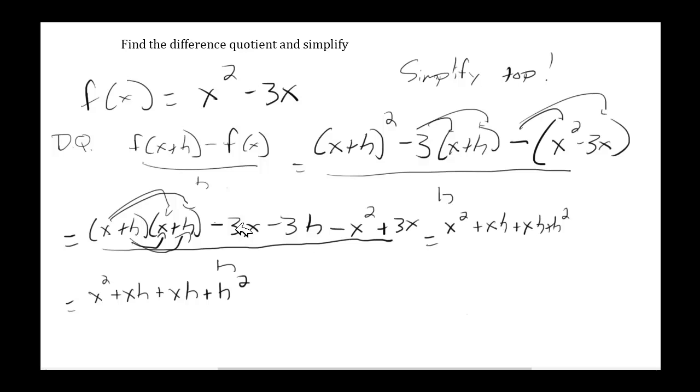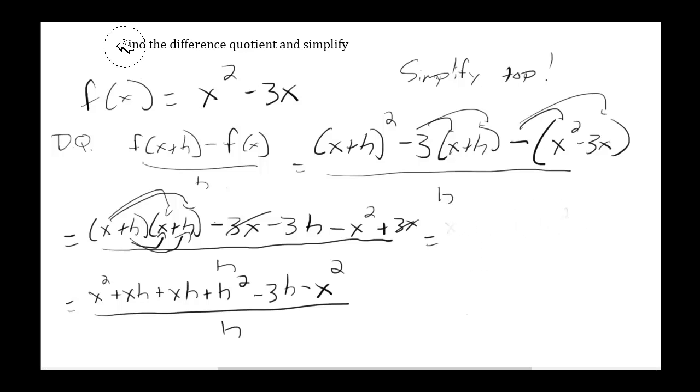I've got minus 3x plus 3x, those guys cancel. Minus 3h minus x squared all over h. So erase this real fast. Okay. I expanded out everything, and now let's see, do I have anything else that cancels?